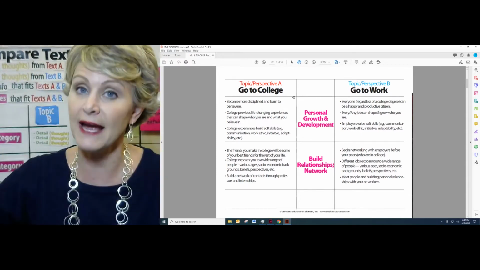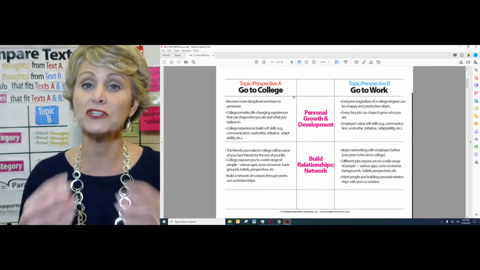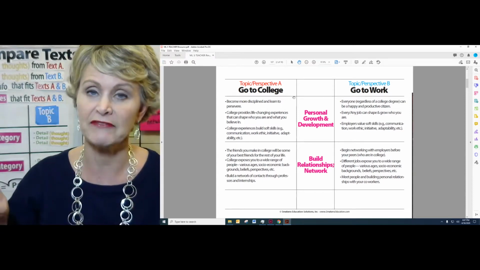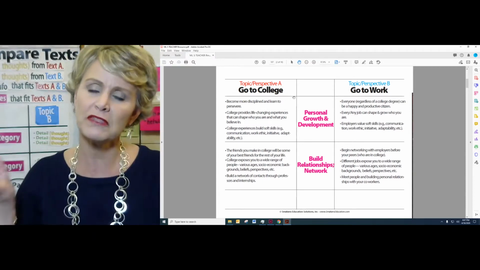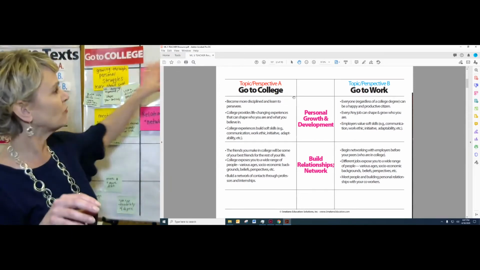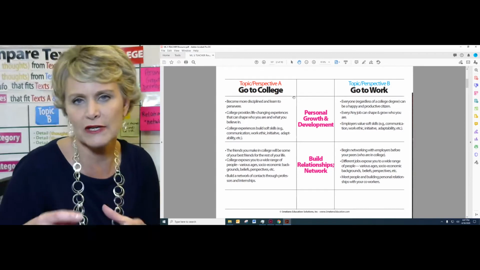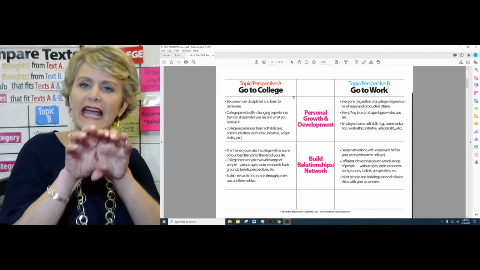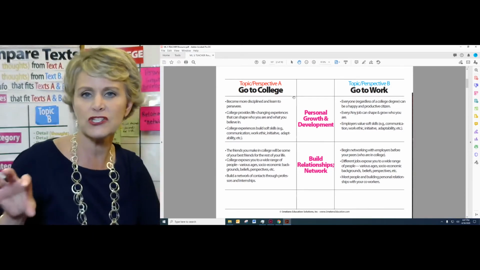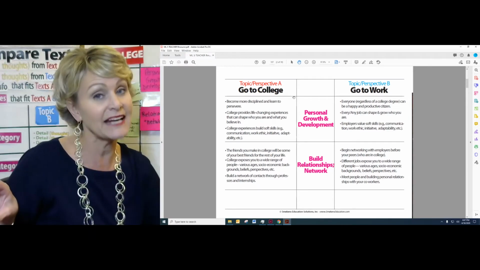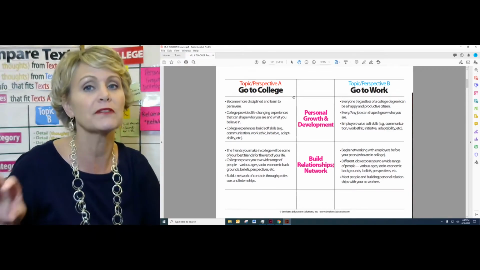And so I want to write that paragraph. And then I want you to help me write the second paragraph, where we looked at in both places, whether it's college or it's at work, that you build relationships. Some kind of networking is always happening. And again, it's a little different between college and the workforce, but that category, it happens in both places. So we'll write a second paragraph together.